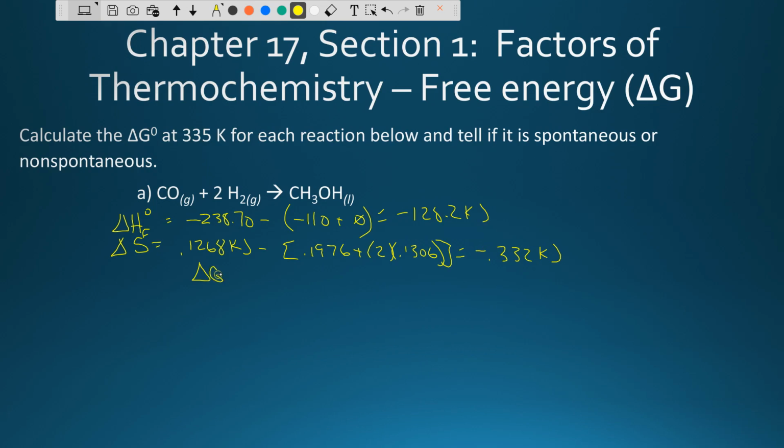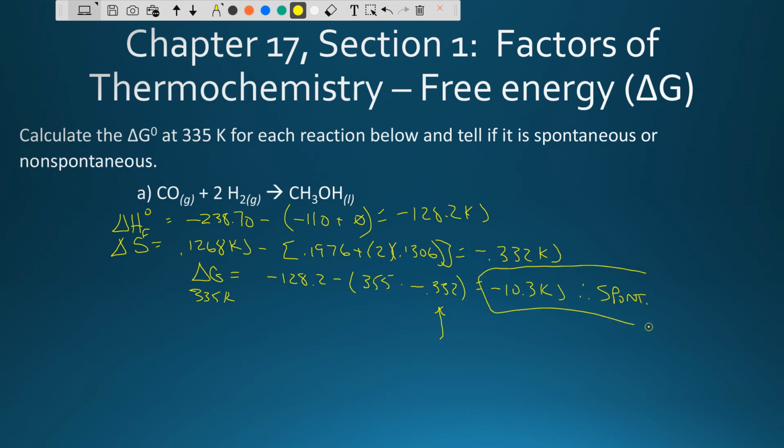So my delta G at 335 Kelvin is going to be negative 128.2 minus 335 times negative 0.332. That gives me a negative 10.3 kilojoules. Okay, just remember that you got to convert this into kilojoules when you're doing the math. Therefore, since this is negative, this is spontaneous because it's a negative 10.3.